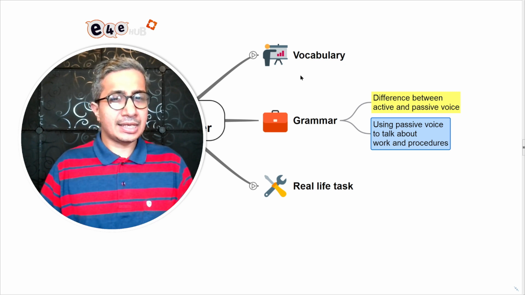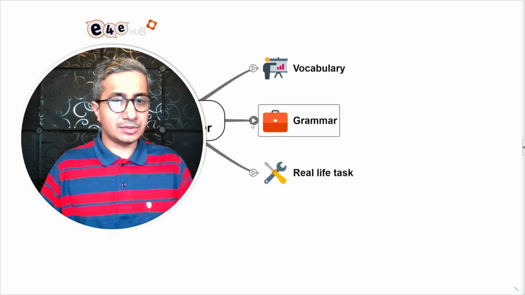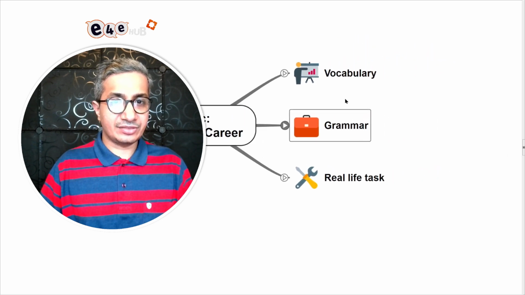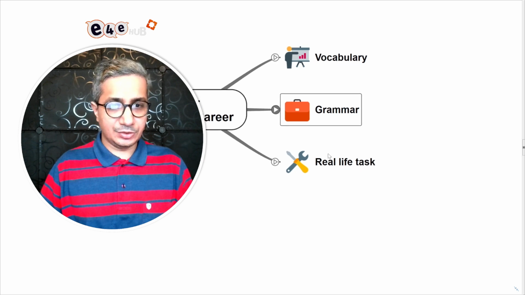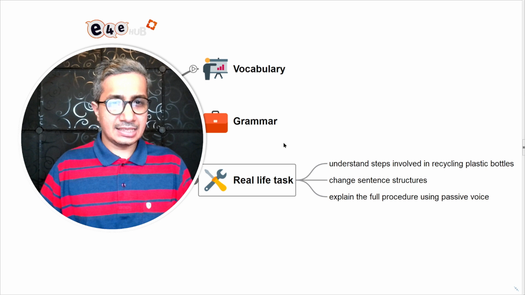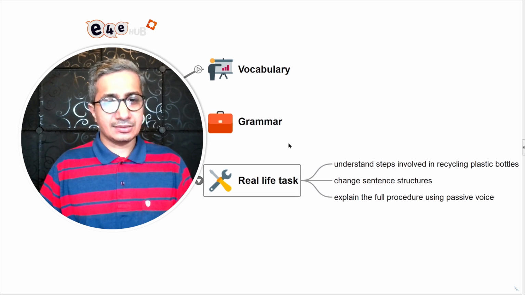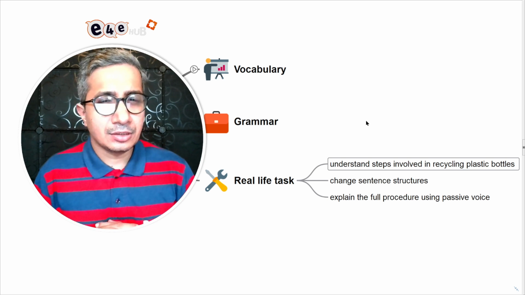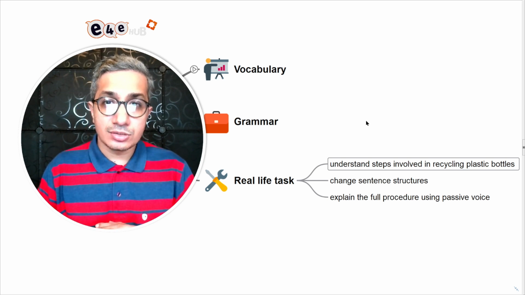We are going to apply the vocabulary and the grammar both, and cover a real life task in this particular video. So what's the task going to be like? This real life task is going to take the example of a plastic recycling process.